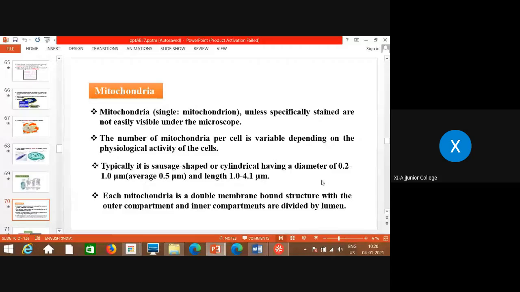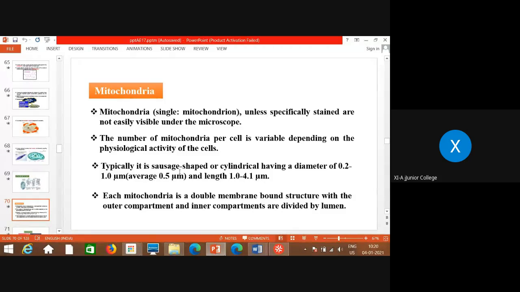The number of mitochondria per cell is variable depending on the physiological activities of the cells. The number, shape and size of the mitochondria vary from cell to cell, as per the requirement.